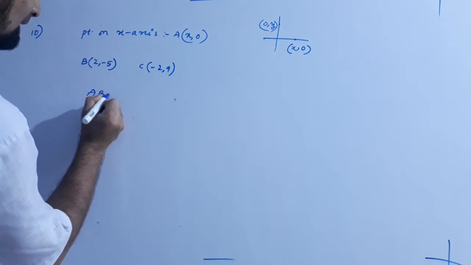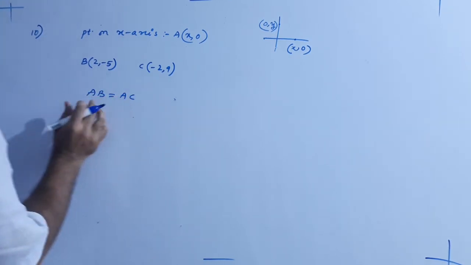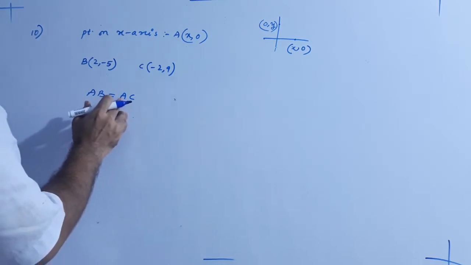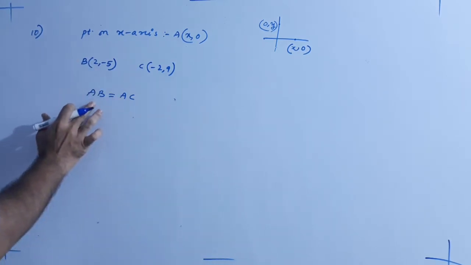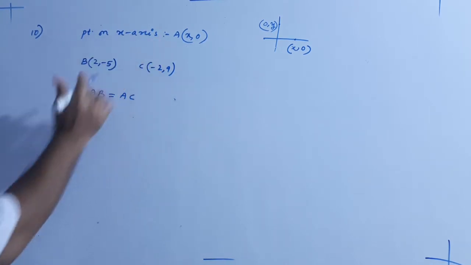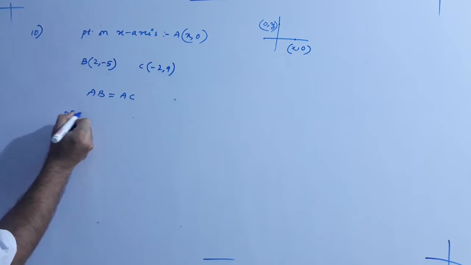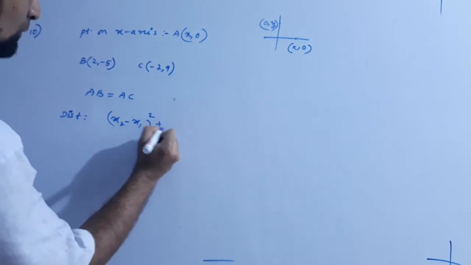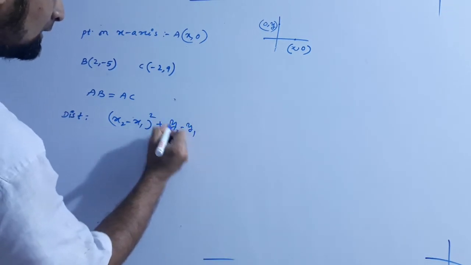AB is equal to AC. I mean, the distance from A to B is the same as the distance between A and C. Now we know how to find distance between AB and AC. What is the distance formula? Square root of (x2 minus x1) whole square plus (y2 minus y1) whole square.